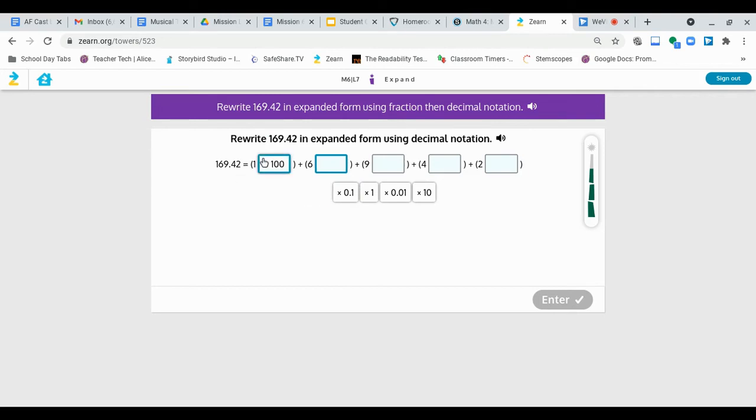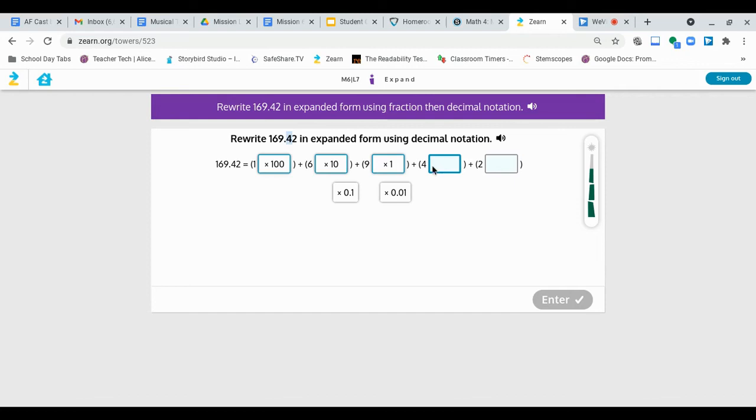I have 100. Then I go to the next place value. Well, the 6 is in what place value? It's in the tens spot. So I have 6 tens. Now I go to the 9. The 9 is in the ones spot. So I have 9 ones. And now I go to the decimal part.